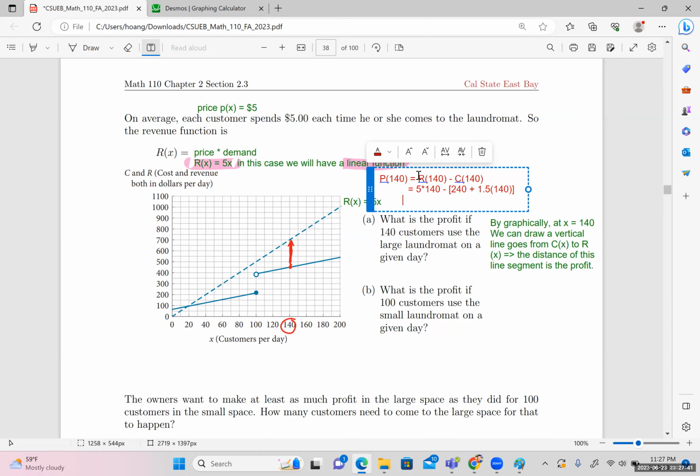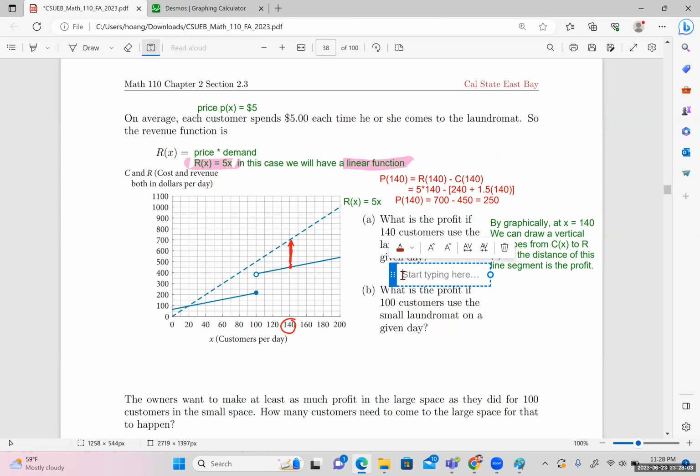Then you end up with profit at 140 equal to 700 minus 450, which is equal to 250. So I will write 250 down here.